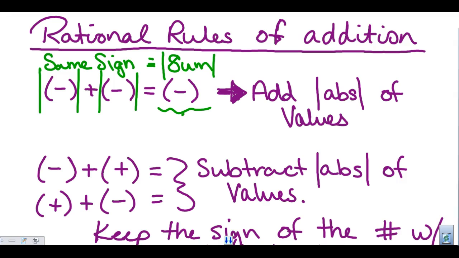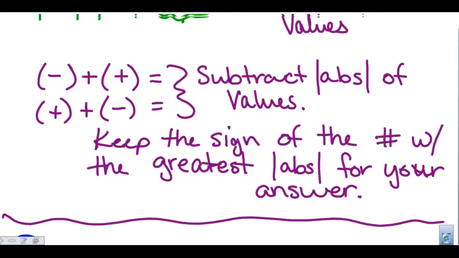When you're adding one negative and one positive, whether the negative is first or second, you're going to end up subtracting the absolute values of the given numbers. In order to determine the sign of the answer, you have to ask yourself, what do you have more of? Do you have more negatives or more positives?